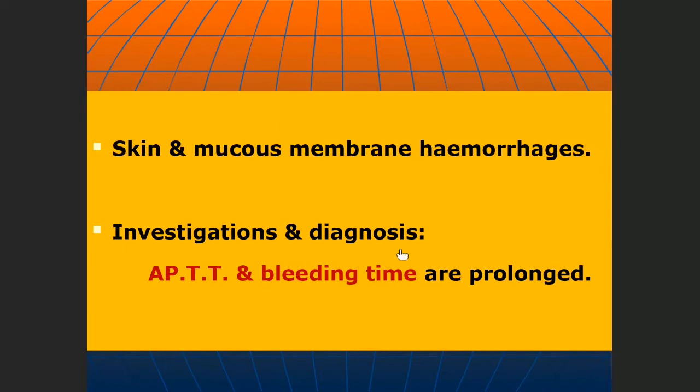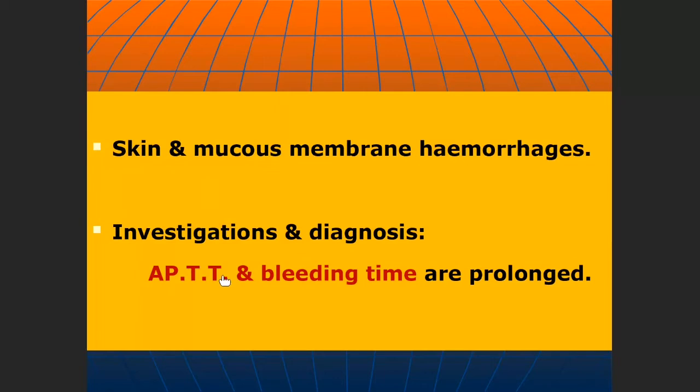Investigations to reach the diagnosis, we do APTT and bleeding time, and both are prolonged. The bleeding time is prolonged because platelet adhesion is defective because von Willebrand factor is deficient.